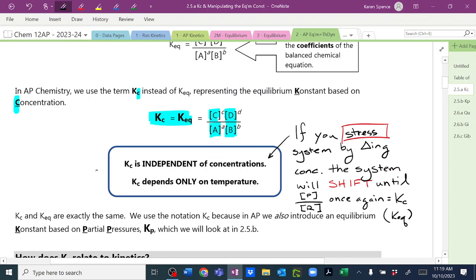Kc depends only on temperature, because if you stress a system by changing the temperature, what will the system do?